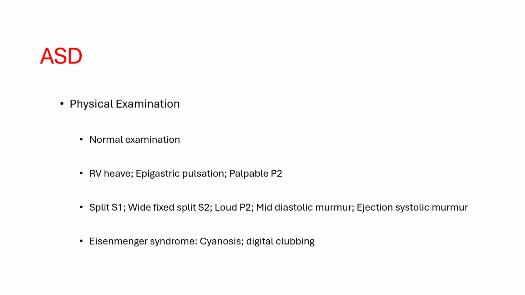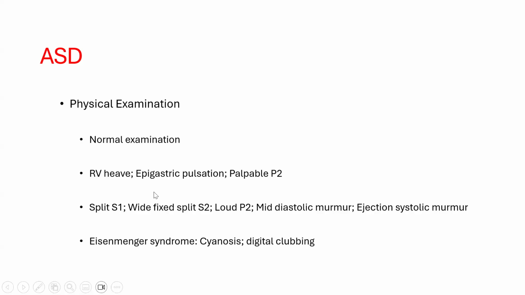And once you have such a tachycardic heart, it's difficult to appreciate the split of the second heart sound. But as you get older and the right side of the heart becomes volume overloaded, and ultimately pressure overloaded, then you have the RV heave, the epigastric pulsation, in keeping with right ventricular hypertrophy and dilatation, a palpable P2 from increasing blood flow across the pulmonary valves.